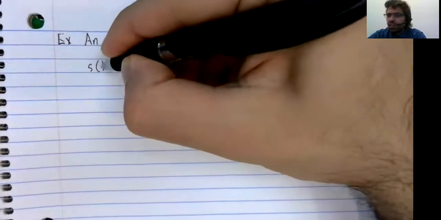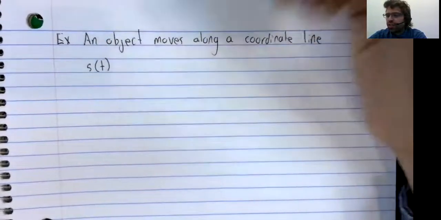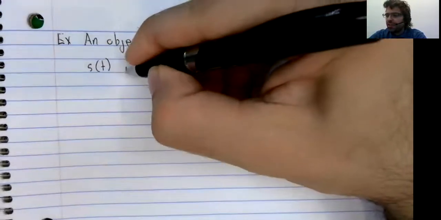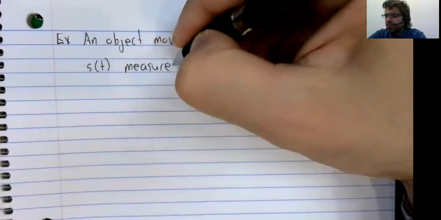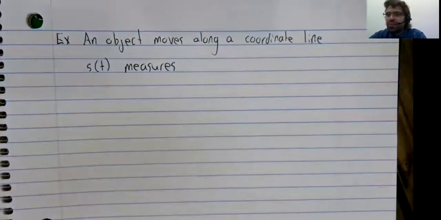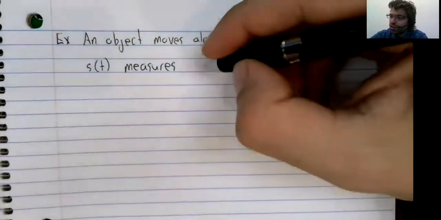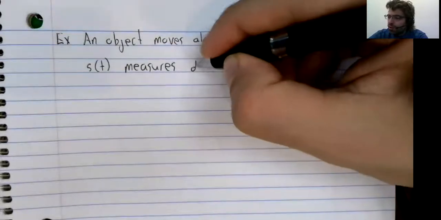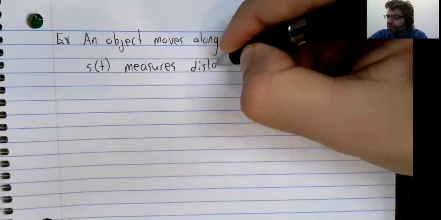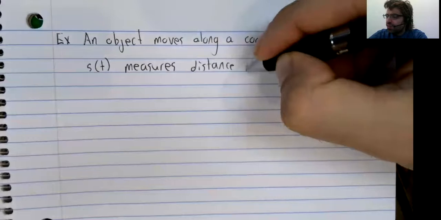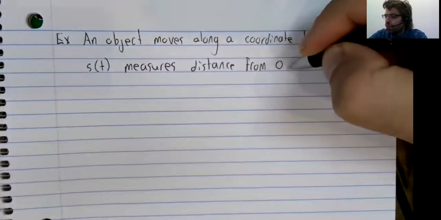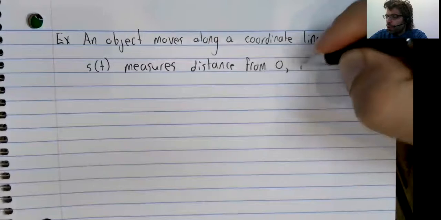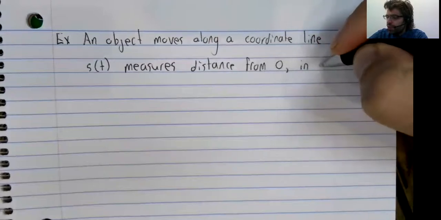We've got a position function, s of t. It, as any position function does, measures the object's distance from 0 on the number line.